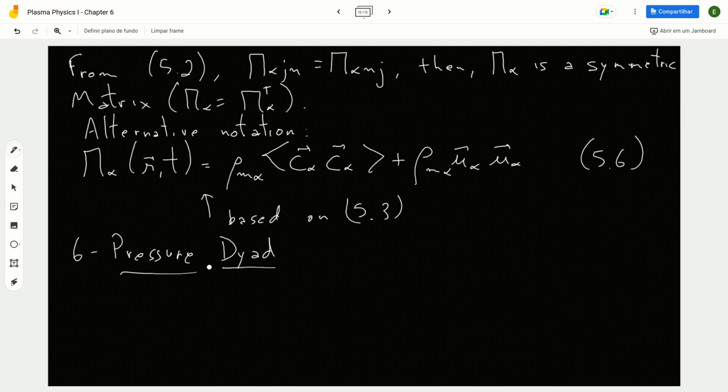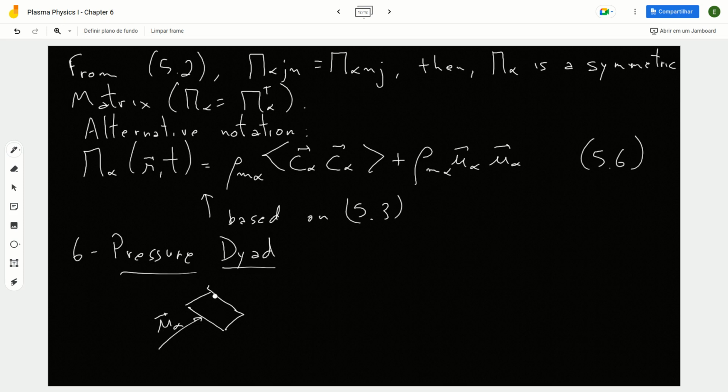If the surfaces are moving, so suppose you have a surface, and this surface is moving with the mean velocity. Then in this case, the pressure will be the rate of transport of molecular momentum per unit area, and the flow of momentum will be due to motions or random motions of the particles.